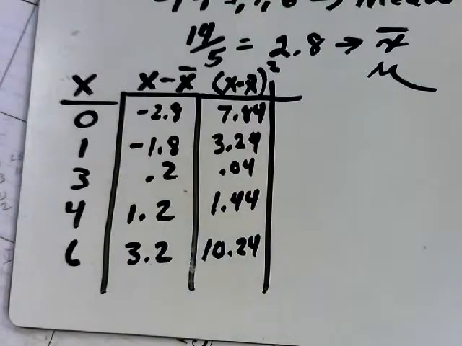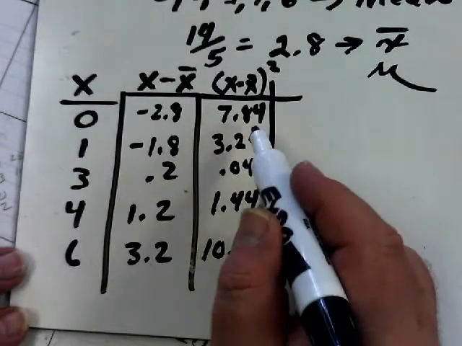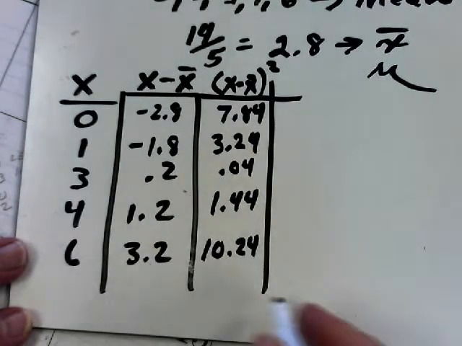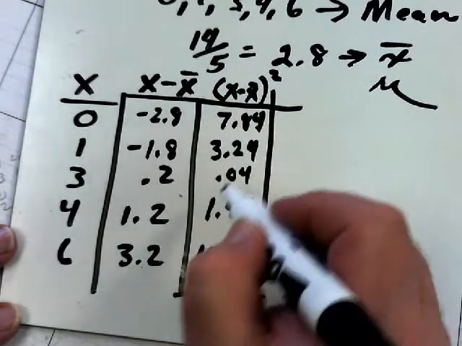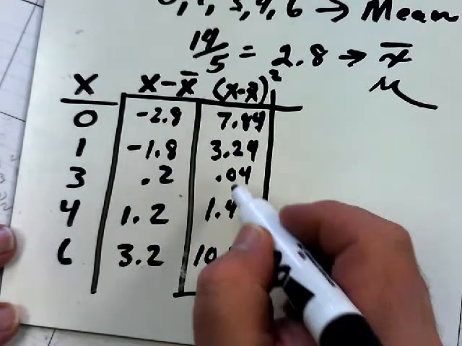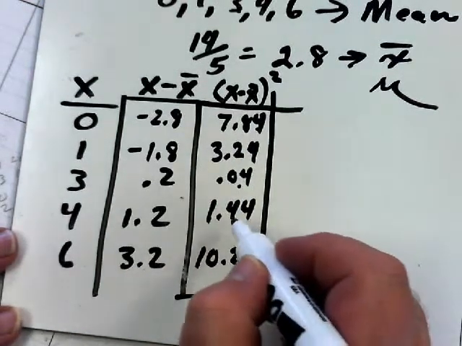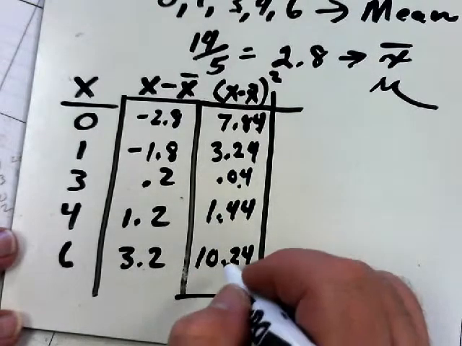Okay? We all right with that? So far it really hasn't been hard to do. It's just a matter of, if you add 100 numbers, it's going to take you a long time, isn't it? So now, what do I do with all of these? I find the sum. That means I take 7.84, add it to 3.24, add it to 0.04, add it to 1.44, add it to 10.24.